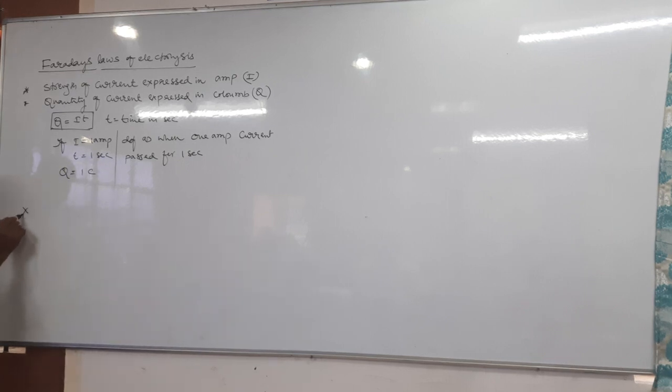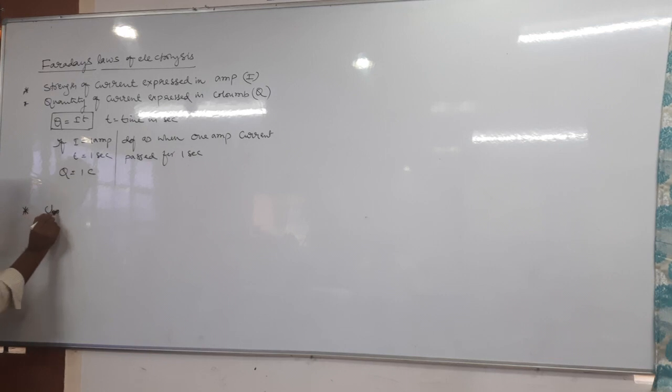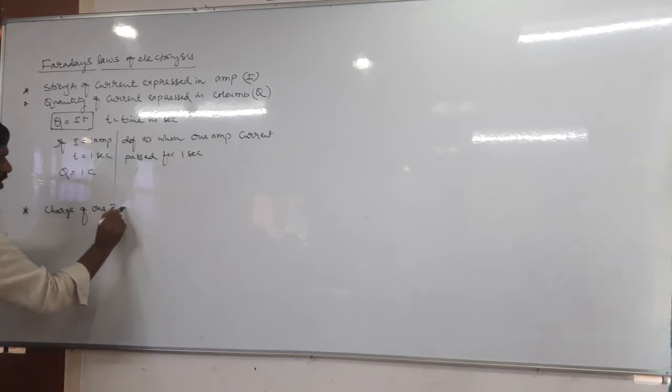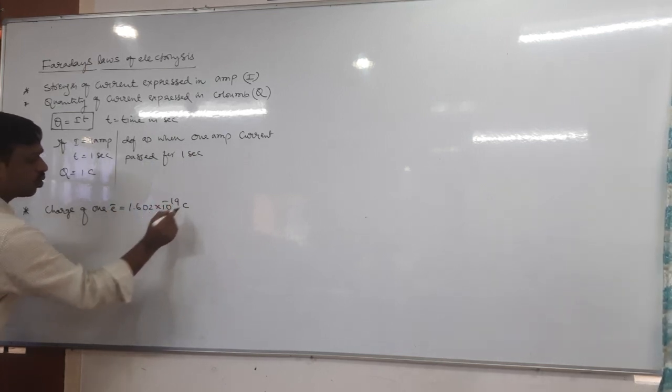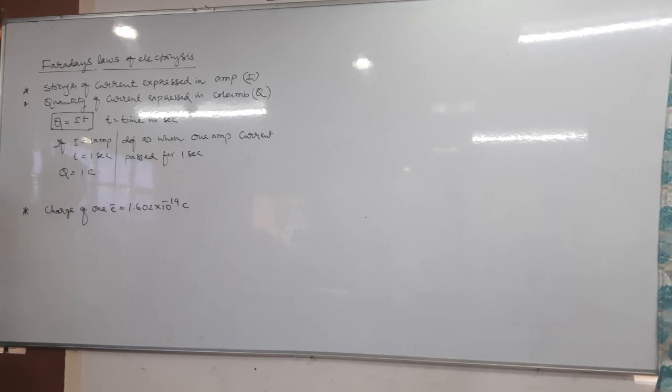Next, we also know the charge of 1 electron, which is 1.602 into 10 power minus 19 coulombs. What is the charge of 1 mole of electron?